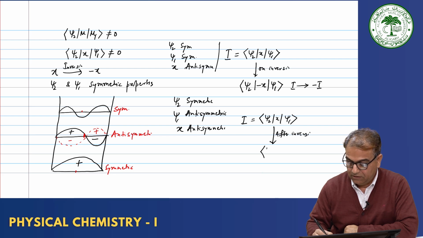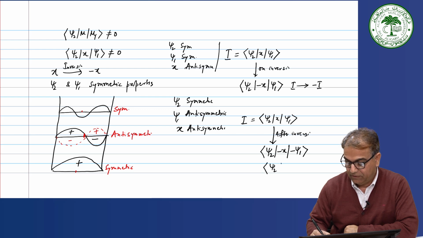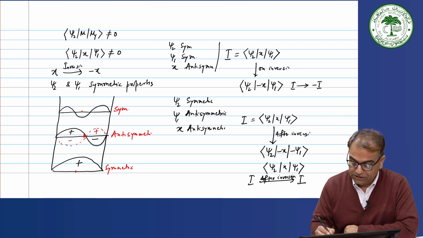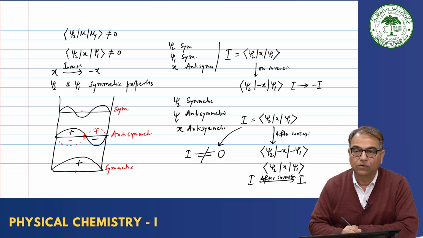After inversion, psi 2 is symmetric, so psi 2 will remain as such. X is antisymmetric, so this will become minus x, and then psi 1 is also antisymmetric, so this will be minus psi 1. And as a result of this, you will have psi 2 x psi 1. Means I remains equal to I. It means in this situation I is not equal to 0.